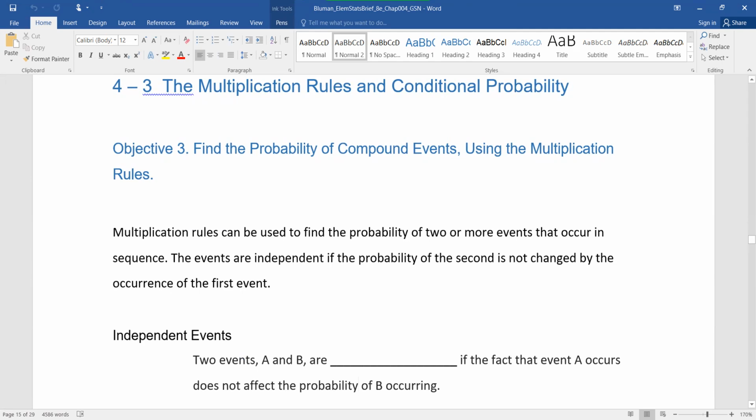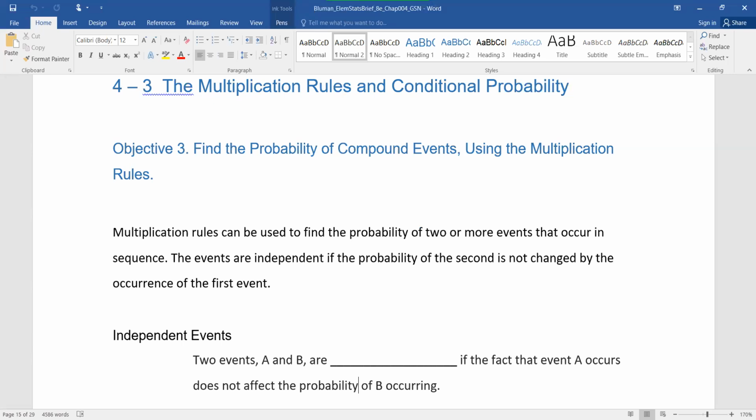All right, so in 4.3, we're going to talk about the multiplication rules, after we just did a whole bunch of adding. Those are pretty straightforward and simple. Multiplication occurs when you're trying to find an event and then another event and then another event, and so on and so on. So to find the probability of compound events, we're going to use this multiplication rule.